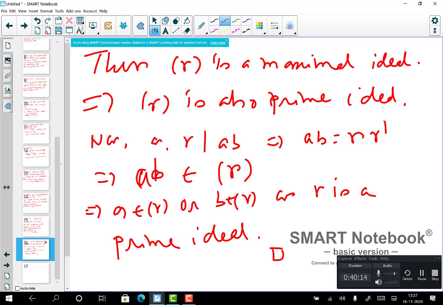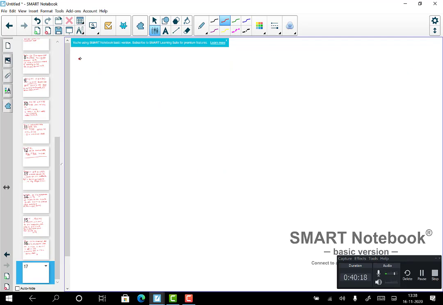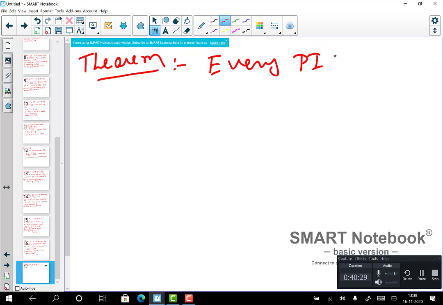This is a very fundamental theorem, and it tells you that every principal ideal domain is also a unique factorization domain.